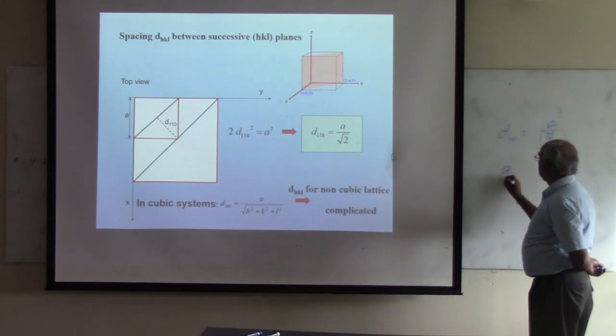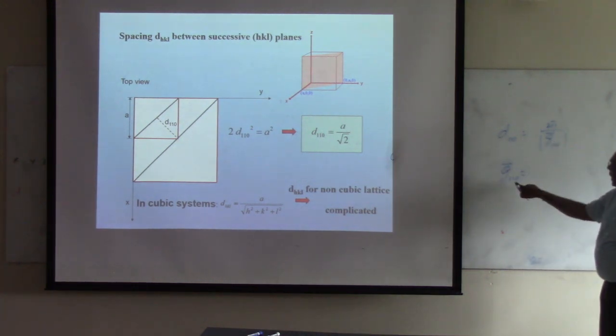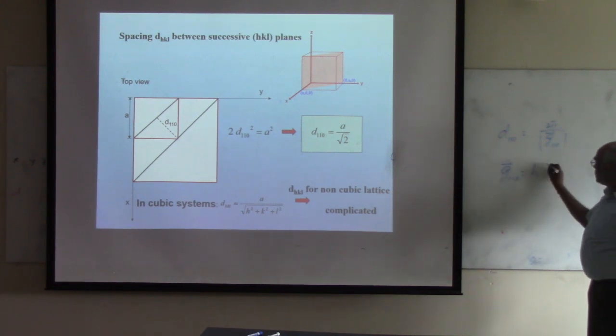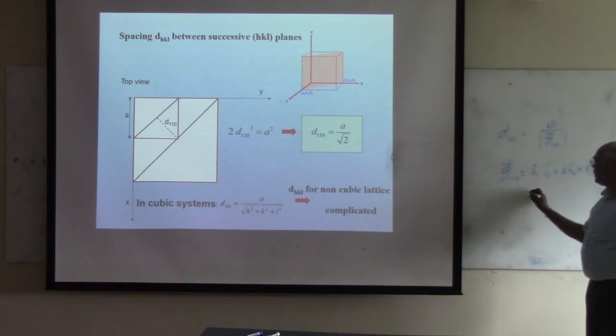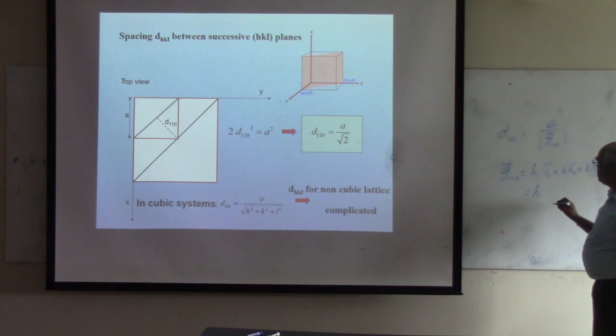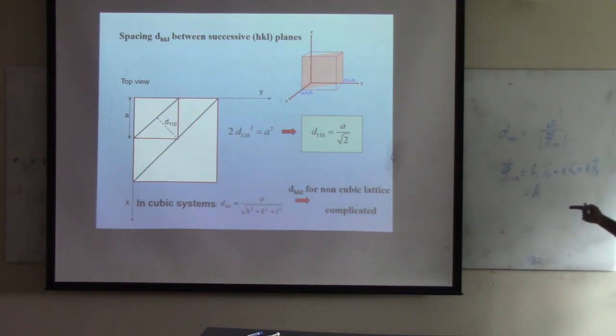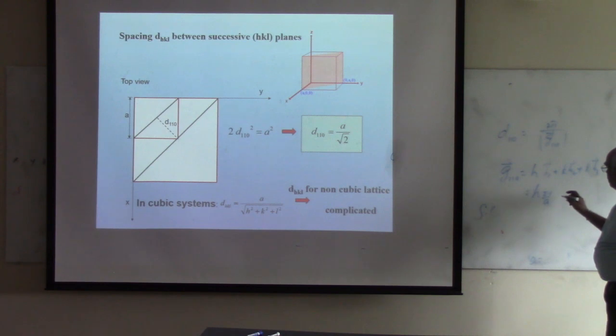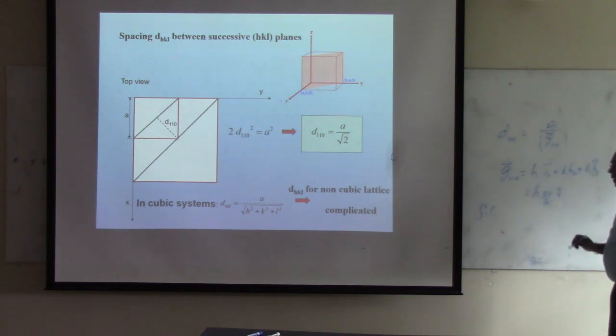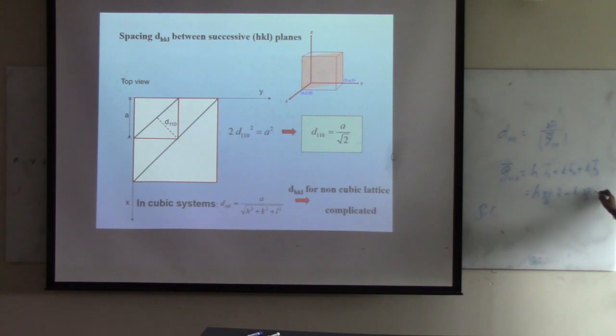So how do you calculate this one? G110 means what? H is 1 here, so G is H B1 plus K B2 plus L B3. I just write it as a general one. If this is a simple cubic, B1 is 2 pi over A times the A1 vector, in the unit vector x, plus K times 2 pi over A times the y unit vector, plus L times 2 pi over A times the z vector.